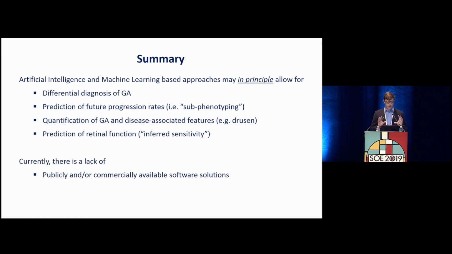However, there is currently really a lack of publicly and commercially available software solutions, so I was really excited to see the Bern online solution, because the next step will really be to make these tools publicly available so that other groups can revalidate the diagnostic accuracy of these algorithms with other data sets which are truly independent, to avoid any overfitting.